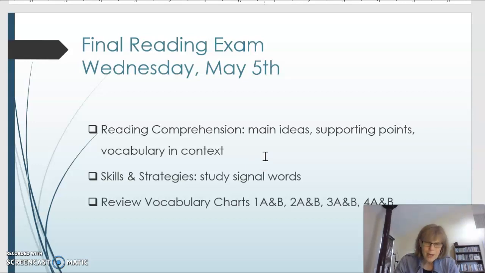So you'll be doing reading, study skills, and then of course, all of these vocabulary charts. And I just want to emphasize to you, it's really the words on charts A and B. Those are the words that will be on the final exam.